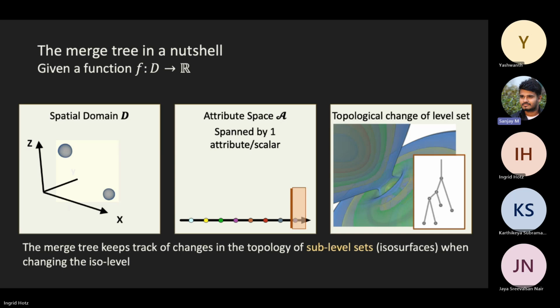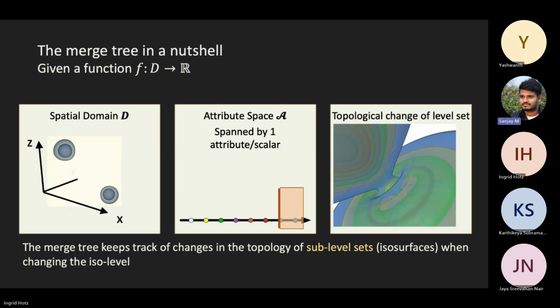This means we are considering the entire field below this value. So this is the pre-image of this interval. Now we are changing this iso value step by step, and then we can observe how this surface is changing.